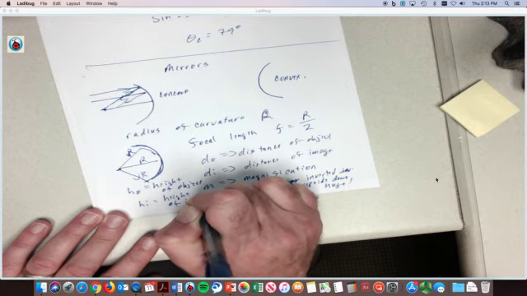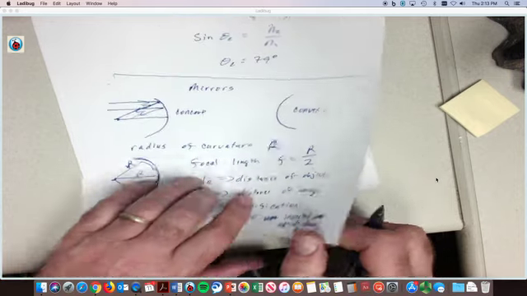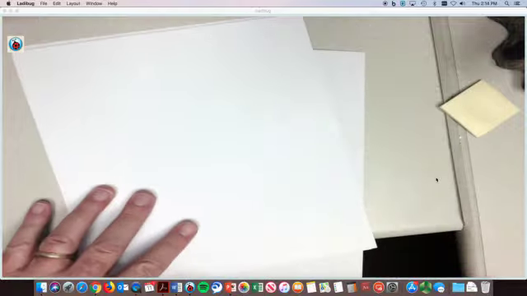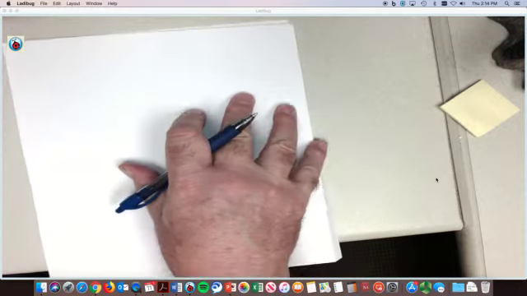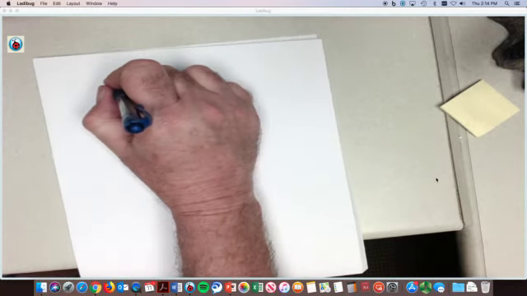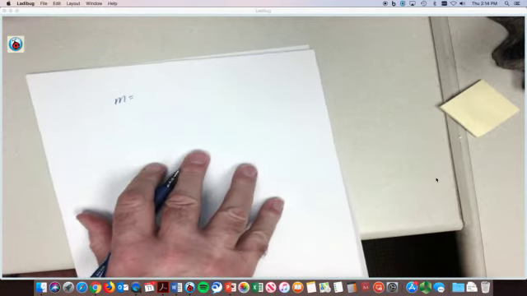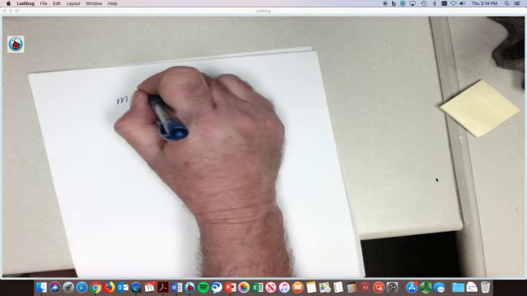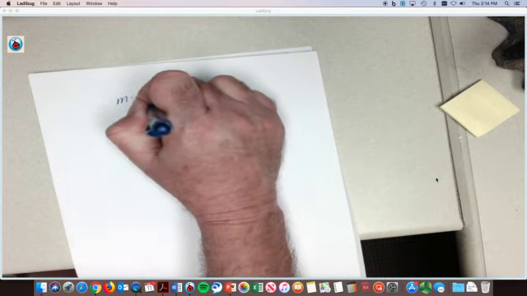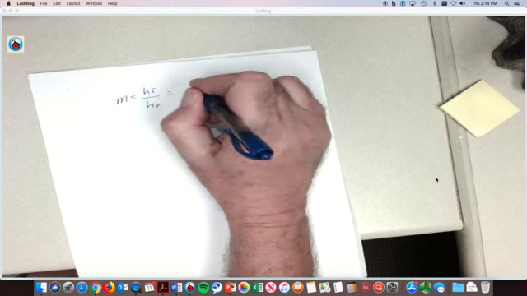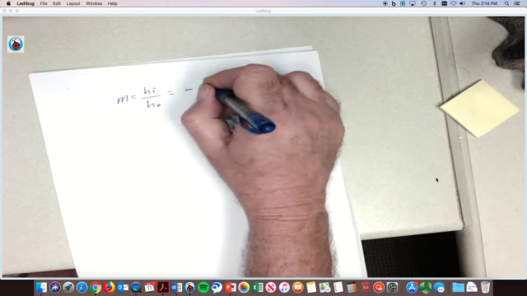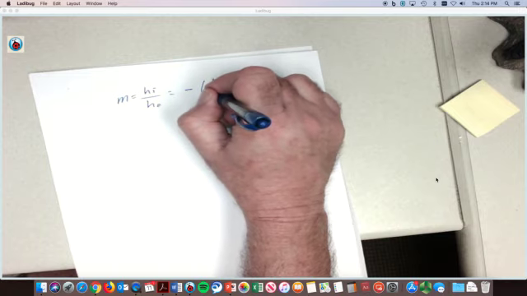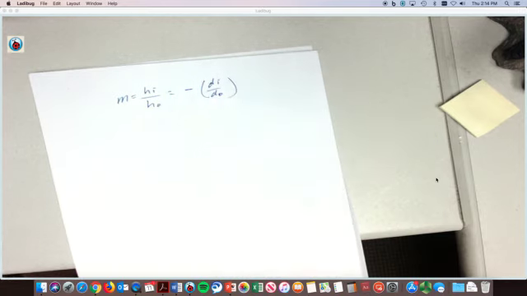All right. And we use all of these to get our big equations here. And here they are. And then we'll work through the slides here in a second. So magnification, of course, is equal to the height of the image divided by the height of the object. It's also equal to the negative, and I put in parentheses, of the distance of the image divided by the distance of the object.